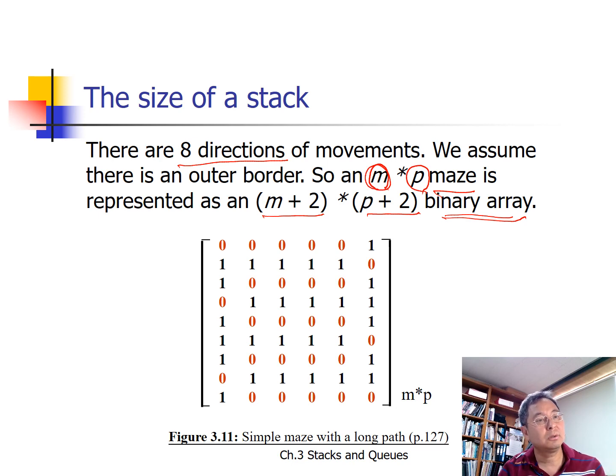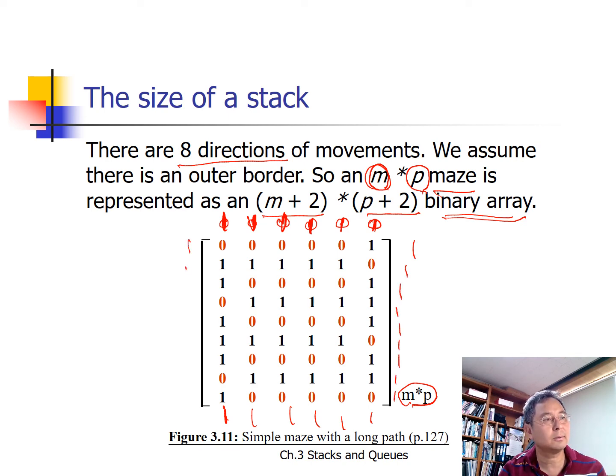How? So if this is an m by p maze problem, then we just add all boundaries as one block. Okay, and in this side also 1 1 1 1 1 1, and this side also 1 1 1 1 1 1, and this side also 1 1 1 1 1 1 1 1.